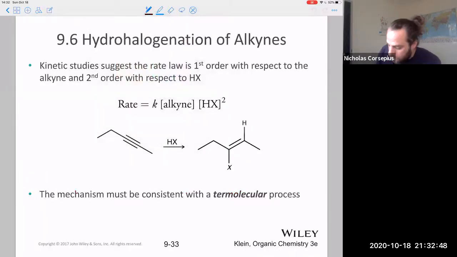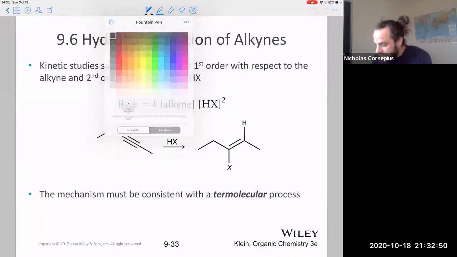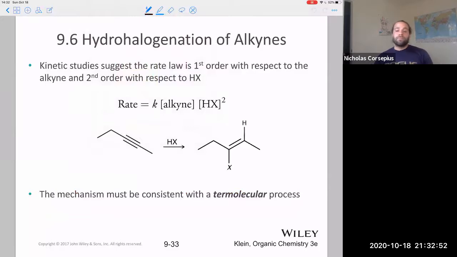So instead, in order to get an idea of what the mechanism is behind these, researchers looked at the rate law that corresponds to these particular reactions. And it turns out to be first order with respect to the alkyne, meaning that this exponent, sorry, blanking out there, is a 1. And second order with respect to the halogen, right? So there's a 2 here. So what the heck does that mean?